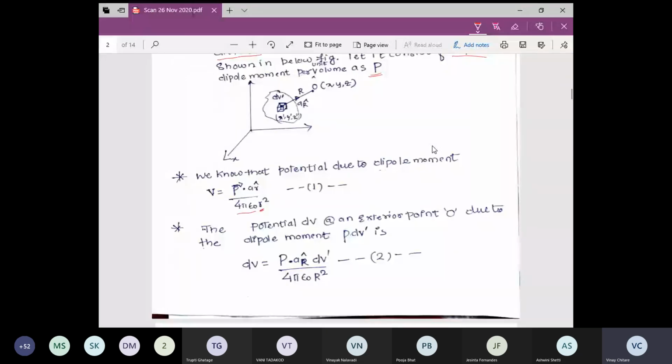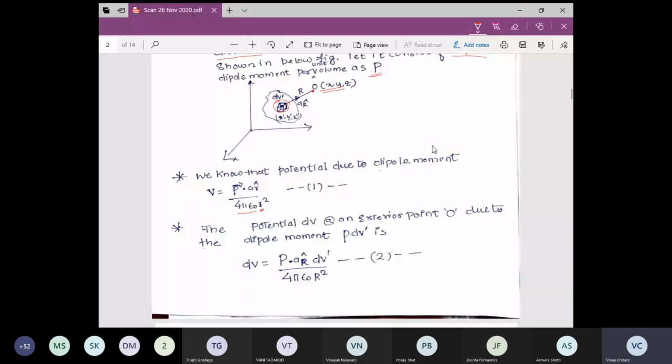Now the potential dV. Here I have taken a complete dielectric material, and inside that dielectric material we have taken a very small volume dV prime. Outside this dielectric material at a point O, we need to find the potential field due to this polarized dielectric material.